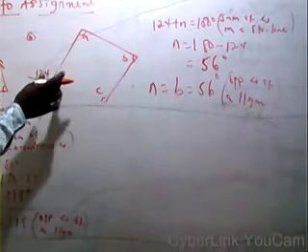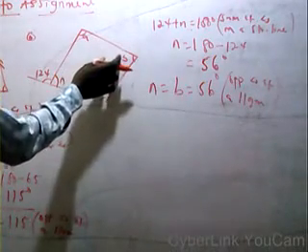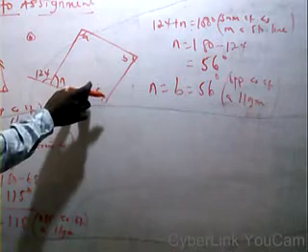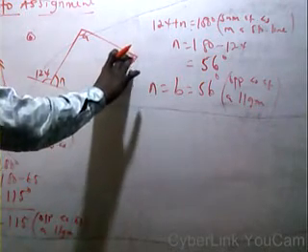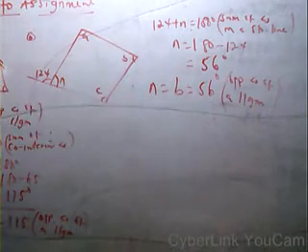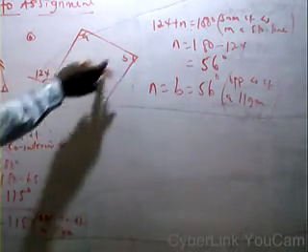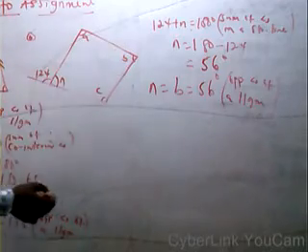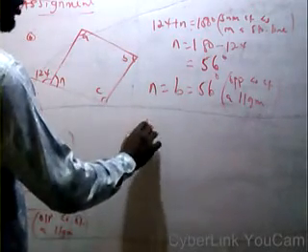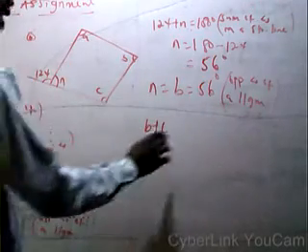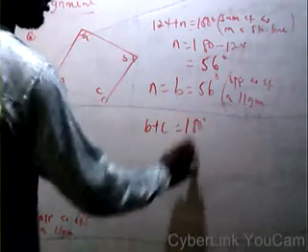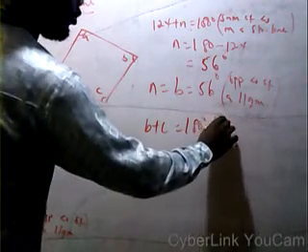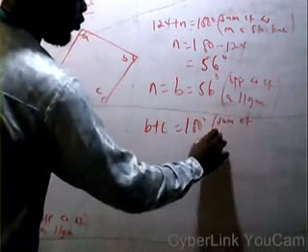parallelogram. So if b is now 56 degrees, then what is c? We also know that the sum of these two angles gives us 180 degrees. Why? That is the sum of co-interior angles. So here we can say b plus c equals 180 degrees.